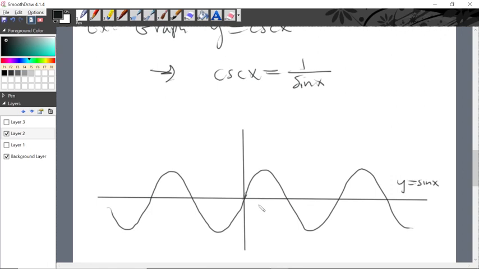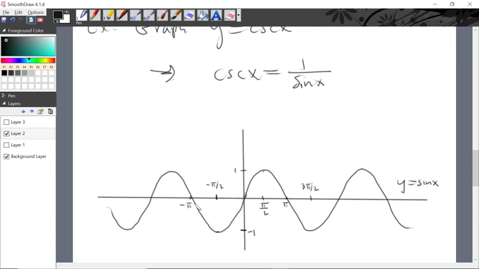Some of the important points here: this would be pi over 2, and the output was 1. This is pi, where the output was 0. At 3 pi over 2, the output was negative 1. We also have negative pi over 2, where the output was negative 1.